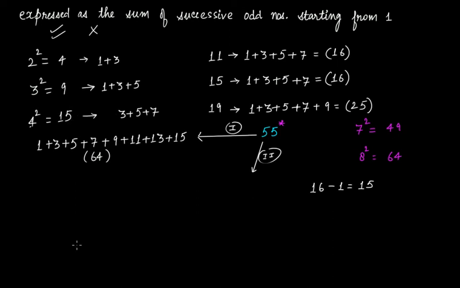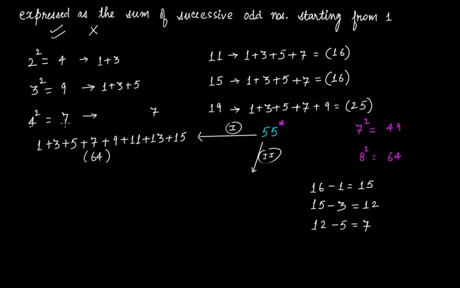Now you have 15. If you subtract 3 from this 15, you get 12. Now if you subtract 5 from 12, you get 7.